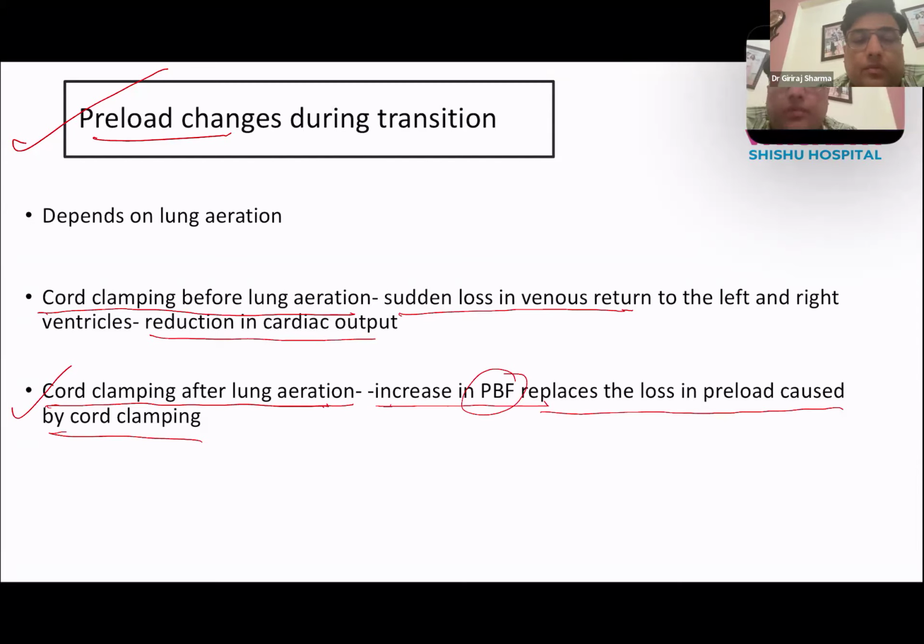If we do it before lung aeration, there will be loss of venous return and reduction in cardiac output. But after lung aeration, because pulmonary blood flow has increased, that will supply the preload.